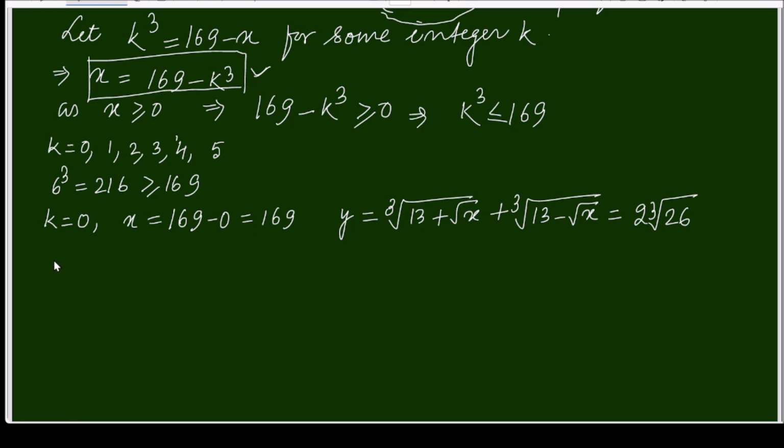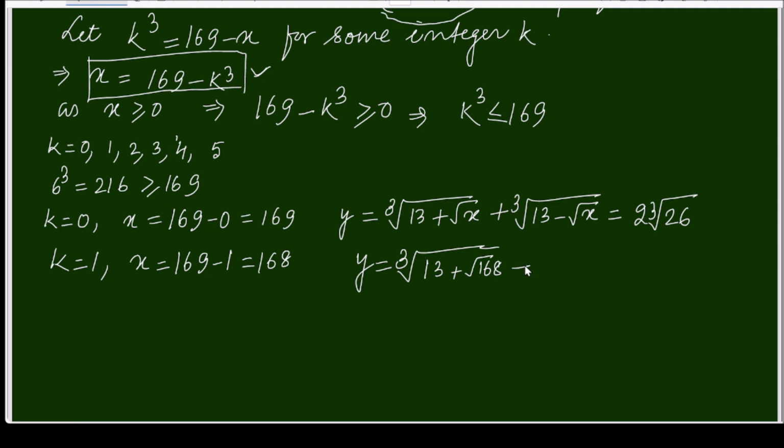Now k is equal to 1. That time x is equal to 169 minus 1, that will be 168. So that time when you put this value, it is clearly visible that y is not an integer.